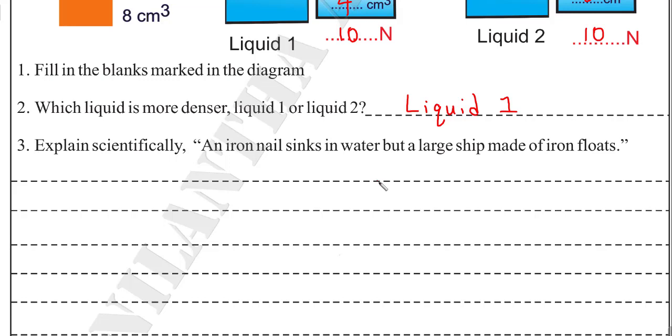It is much denser than the air. And if you take the ship, children, it has more space with air. In that case, if you take the total object, the ship there, it is less dense than the water. That's another thing. That's also correct.